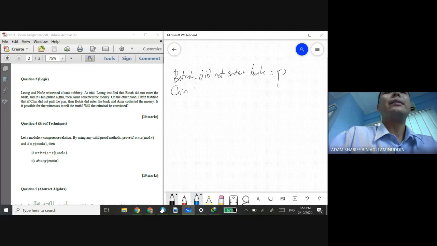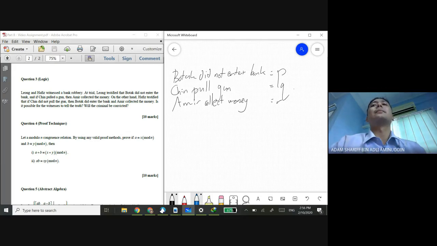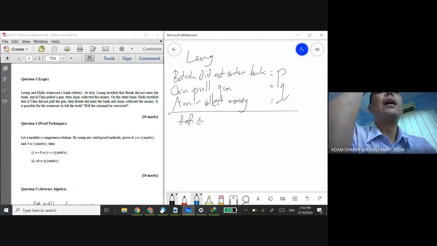Chin pulled the gun, I say Q. Ame collected the money, R. Okay. On the other hand, this one is for Leong. This one is for Hafiz. Hafiz testified, if Chin did not pull out the gun, not Q, then Botak did enter the bank.